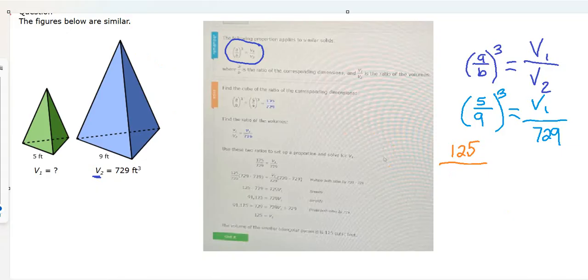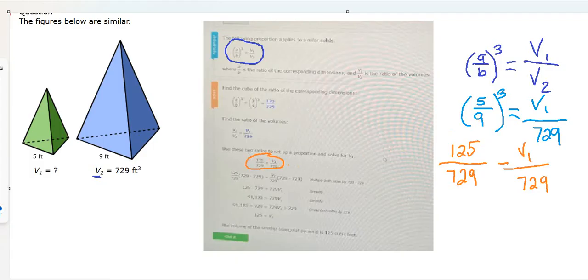Let's see what they have. Yep. V1. All right, so notice this part right here is right here, if I'm seeing it right.